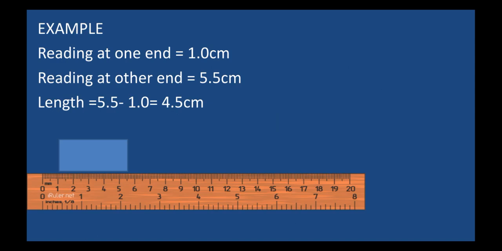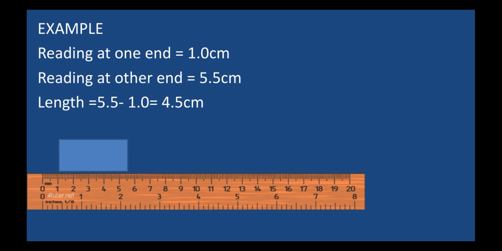Let us make it more clear through this example. Over here I have a diagrammatic representation. Kindly see it carefully. Suppose my zero is damaged. That means I cannot start to measure from the zero mark. So I look for another full mark.